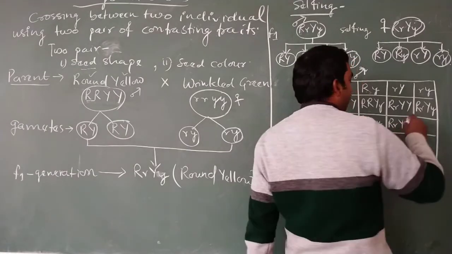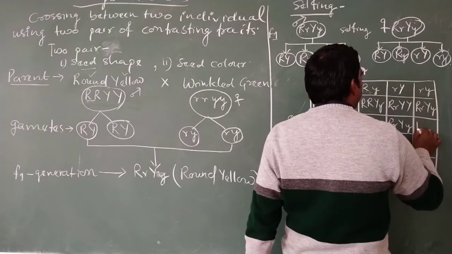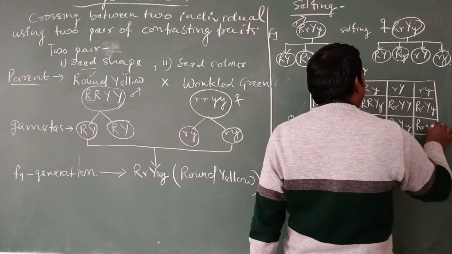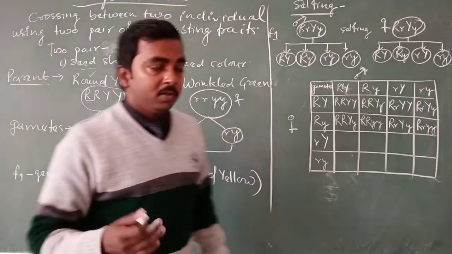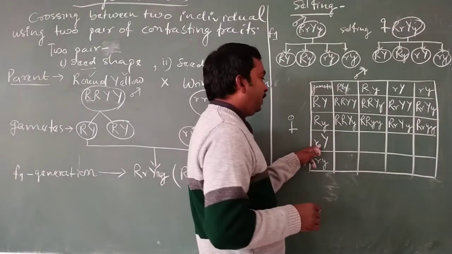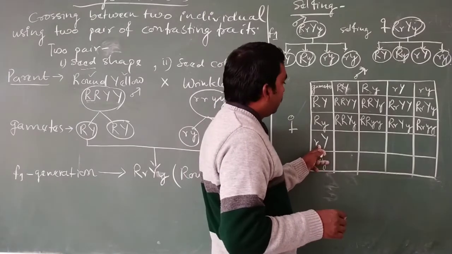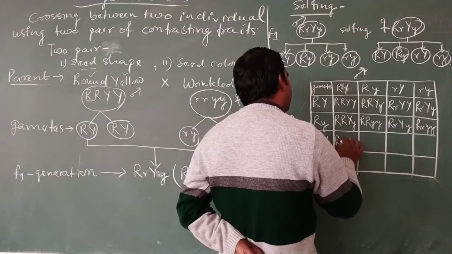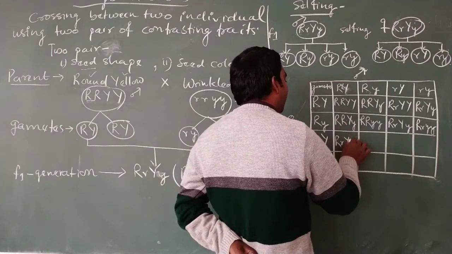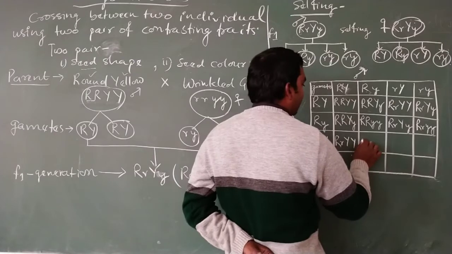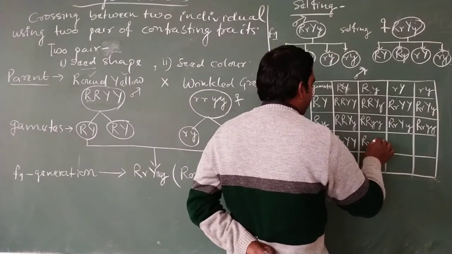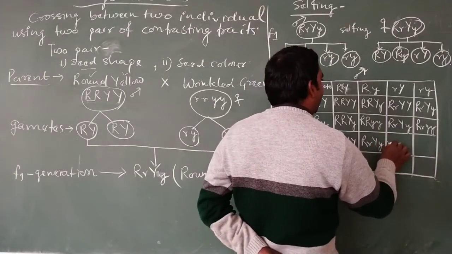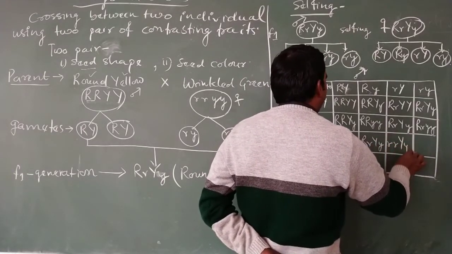Then the next possible zygote is capital R, small r, and small y. Then if we take the third female gamete with the first and third male gamete, capital R, small r, and capital Y. Then capital R, small r, capital Y, small y. Then small r, capital Y, small y.